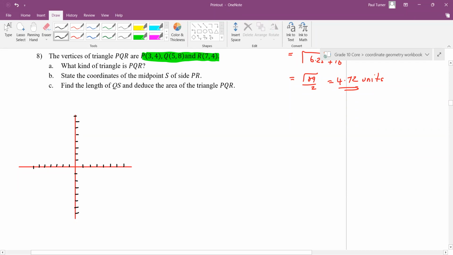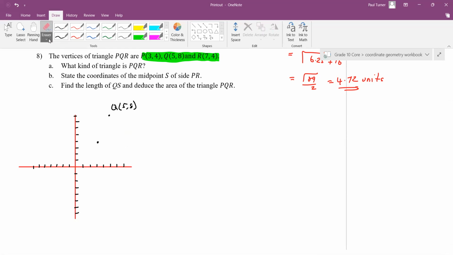So P is 3, 4. So 1, 2, 3, 1, 2, 3, 4. About here. So this is P, 3, 4. Q is 5, 8. So 3, 4, 5, but then up to 8 here. Q, 5, 8. Now R is 7, 4. This is in the way, so I'm going to move this.